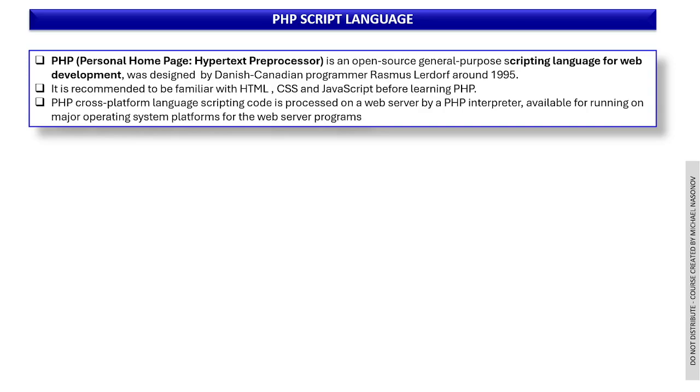It's recommended to be familiar with HTML, CSS, and JavaScript before learning and applying PHP. PHP cross-platform scripting code is processed on a web server by a PHP interpreter, available for running on major operating system platforms for web server programs.